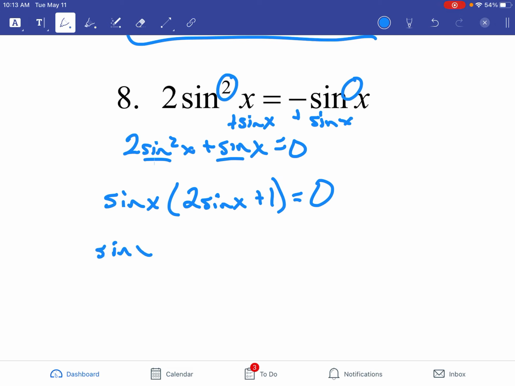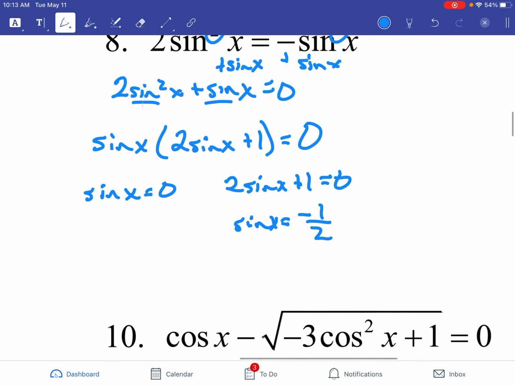Now with my 2 factors, I set them both equal to 0. The one on the left is already solved. The other one, if I subtracted 1 and divided by 2, I get negative 1/2. All right, so I've got to find the radians for these values. So sine of x equals 0, so all the y values that are 0, there's actually 3 of them.